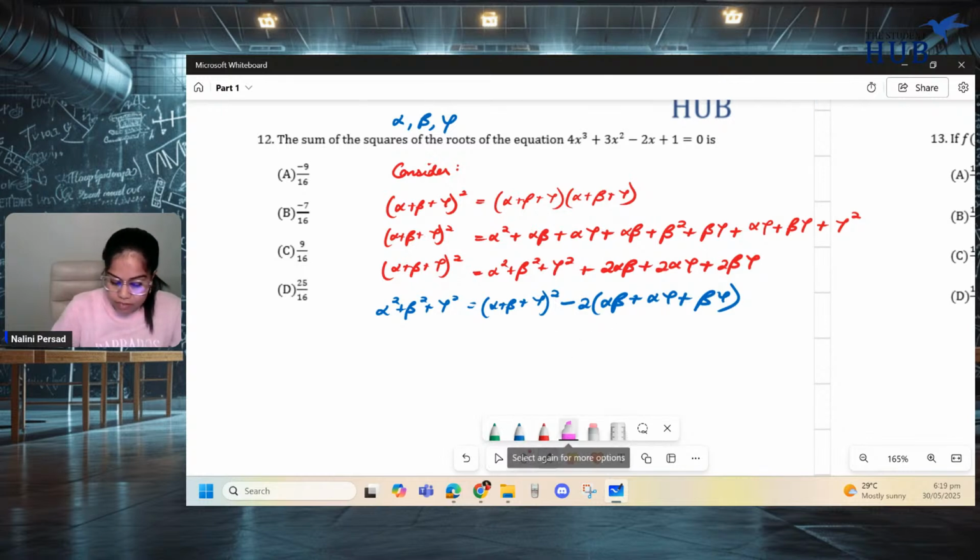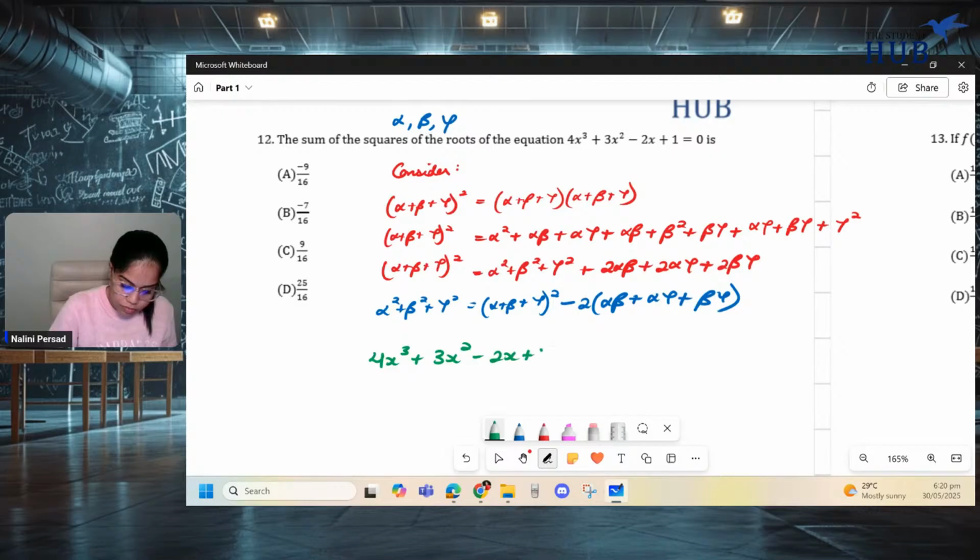Now I need to get some values for these things. And I can do that. This is my equation. So from this equation, A is 4, B is 3, C is -2, D equals 1.